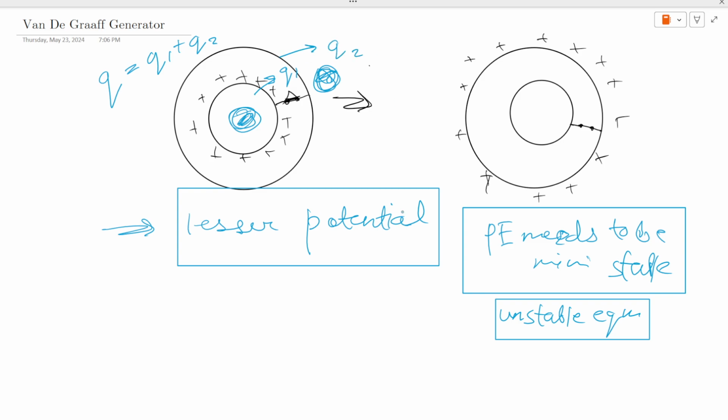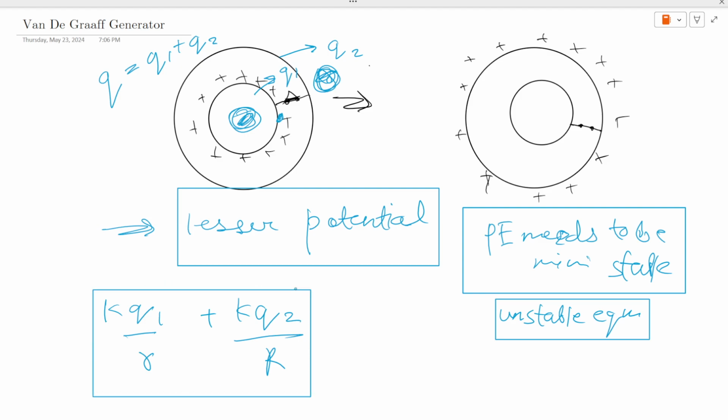All right. So at the surface of this shell, the potential can be given by the expression kQ1 by small r plus kQ2 by larger R, right? This is the potential at its surface.